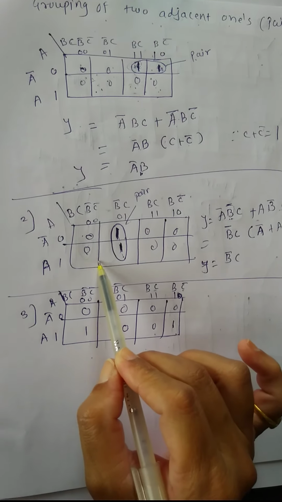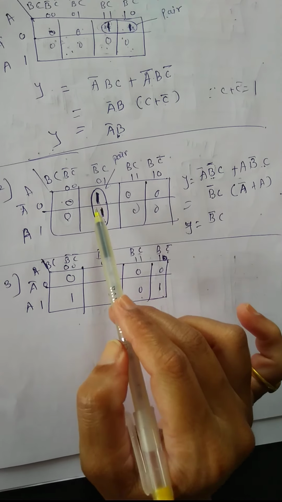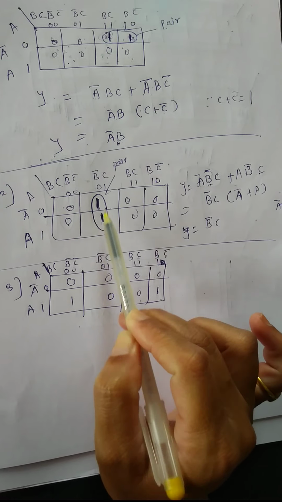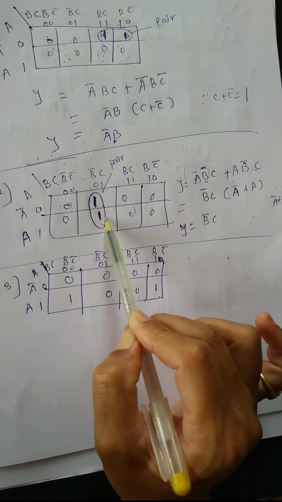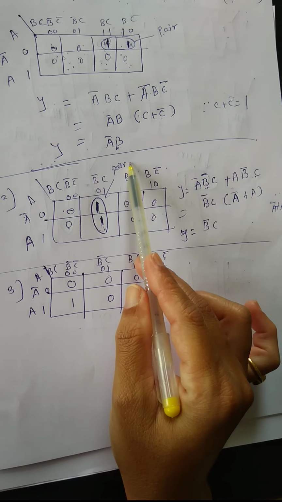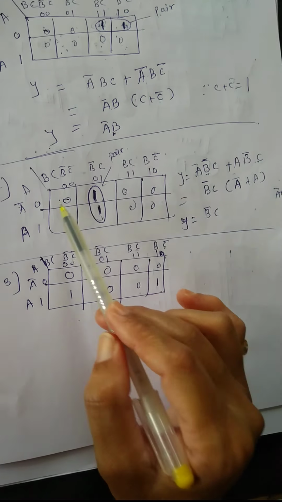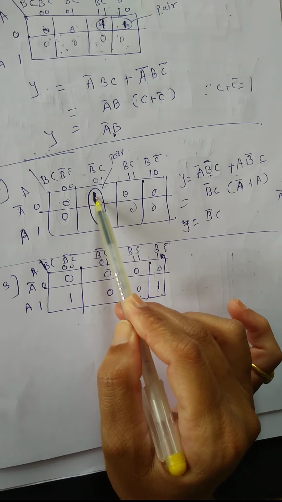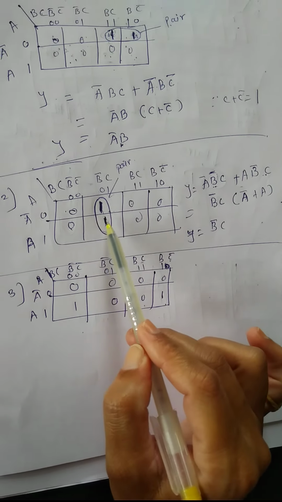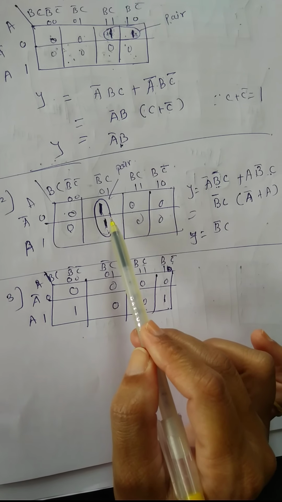Next, second example. In this second example there is a three variable K-map. There are ones here and here, so we group these ones, and since the number of ones in the grouping is 2, it is called a pair. Next, we have to solve the Boolean expression from the K-map.